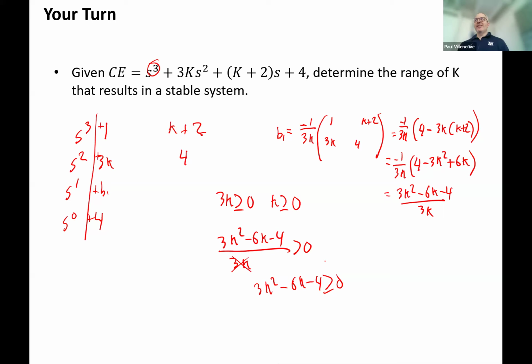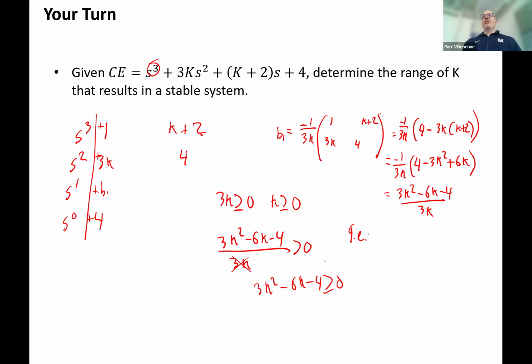The first one we can do the quadratic, right? Yeah, why not just use a quadratic equation? But also we could send the 4 to the other side and factor out K. It might be legal.